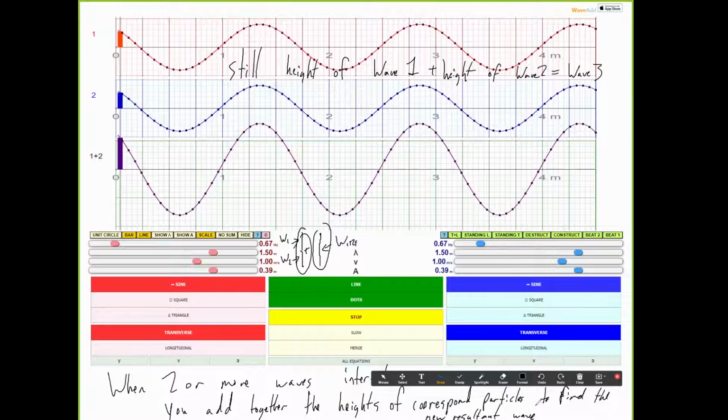Whether it is constructive or destructive, it is the same. It just so happens when it's destructive, one's up, one's down, they cancel. When it's constructive, they're in the same direction, and they just amplify or make bigger the wave that we're looking at.